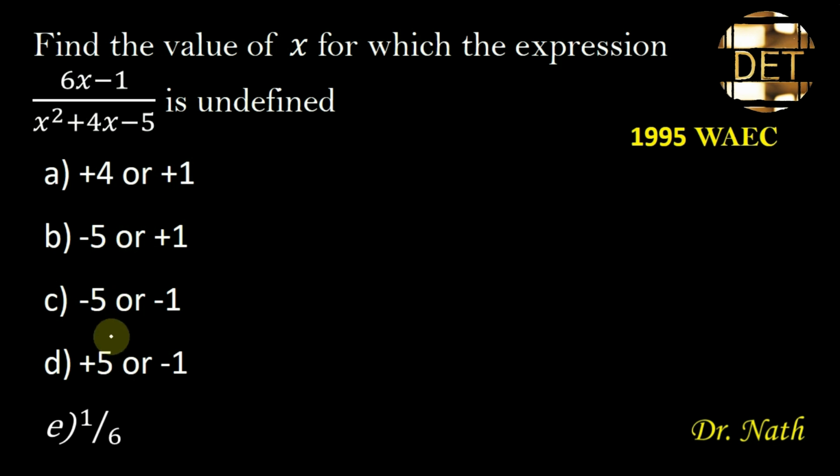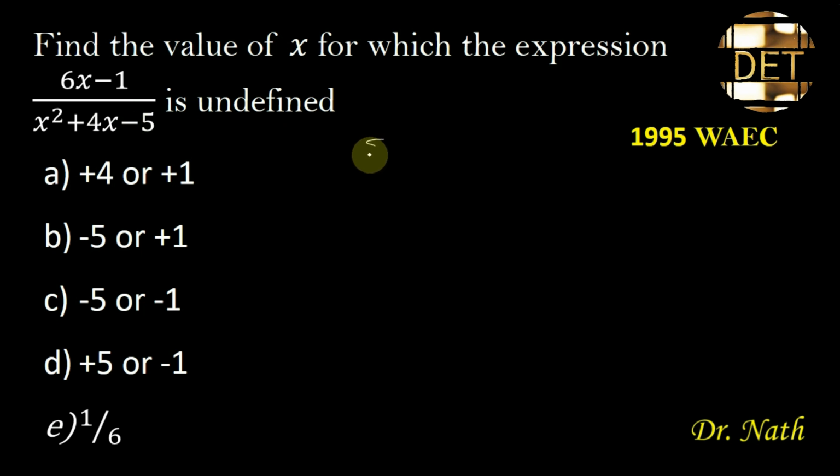These are the options. Like I said before, for any expression to be undefined, its denominator must be equal to 0. So for this expression to be undefined, the denominator, which is x squared plus 4x minus 5, must be equal to 0.